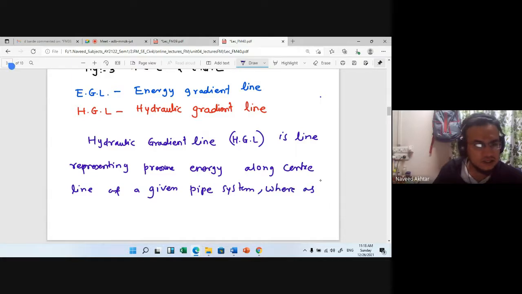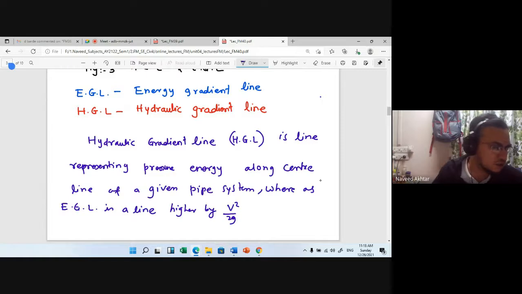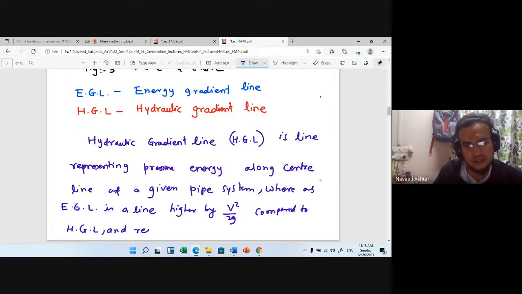Whereas EGL, that is the energy gradient line, is a line higher by V square upon 2g, that is the kinetic energy, compared to HGL, and represents the total energy of the system, the total energy of flow.